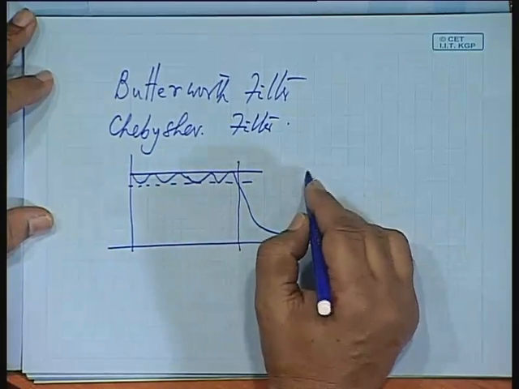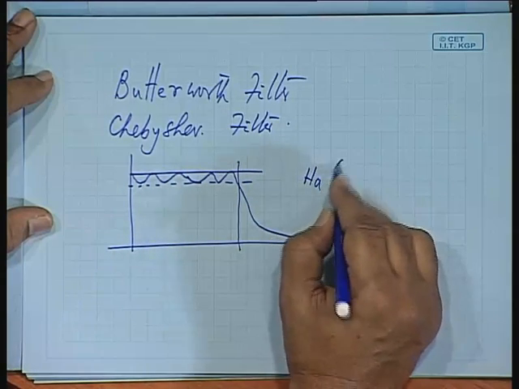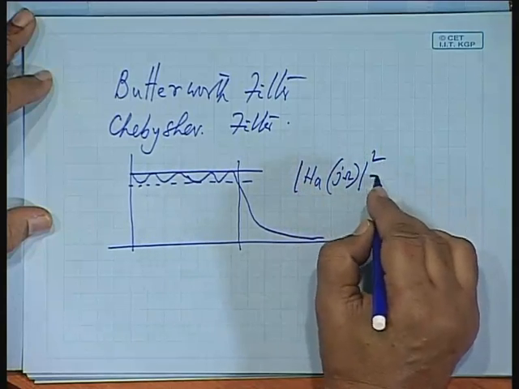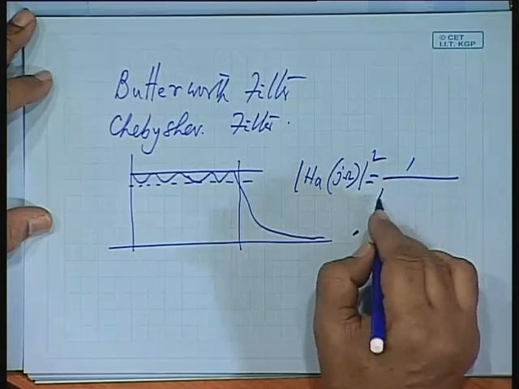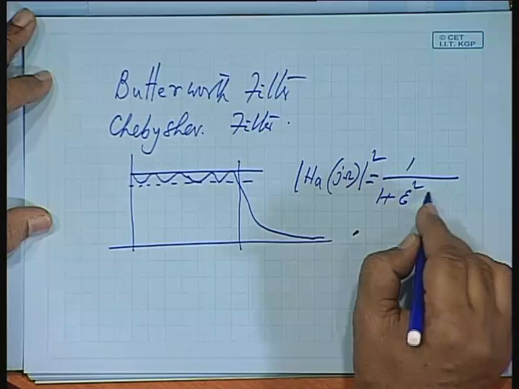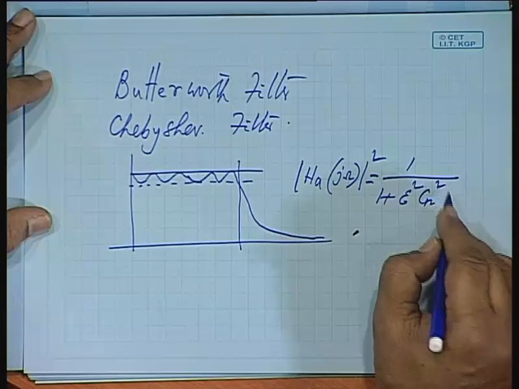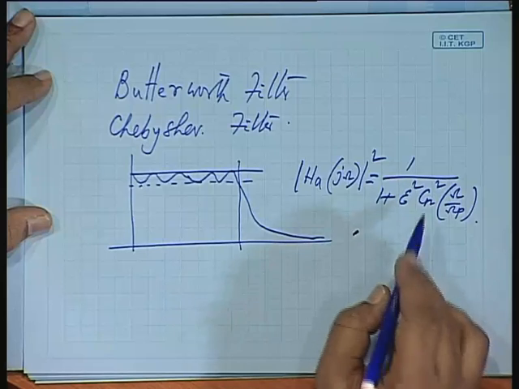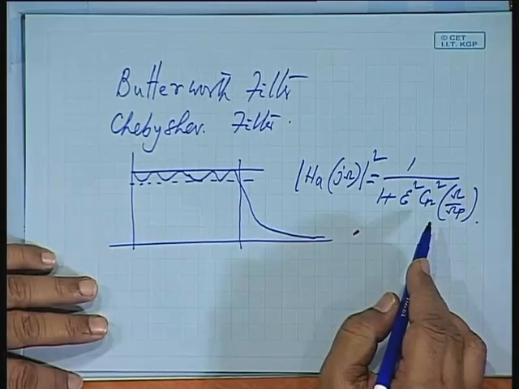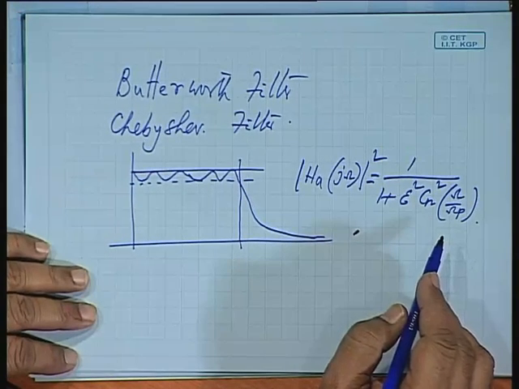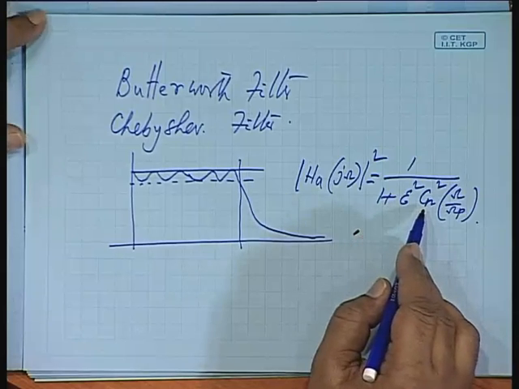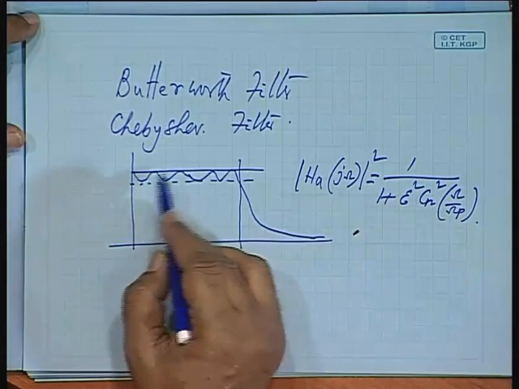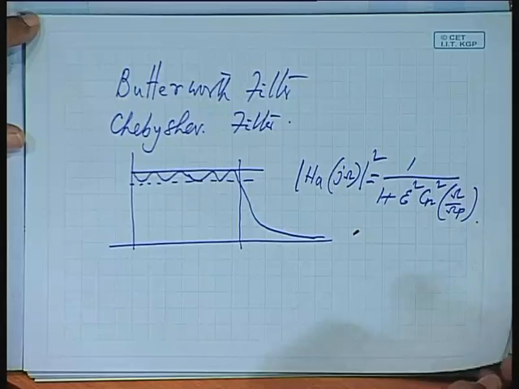The function is given by the magnitude squared equal to 1 by 1 plus epsilon square Cn square omega by omega p, where Cn is the Chebyshev function of nth order. We will just very briefly discuss about this function and then see how this meets our requirement for the filter.